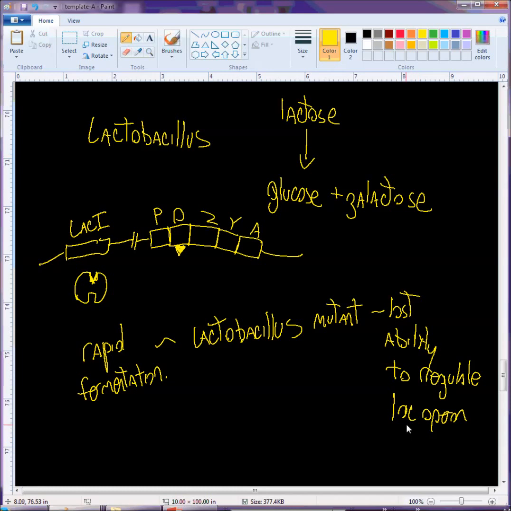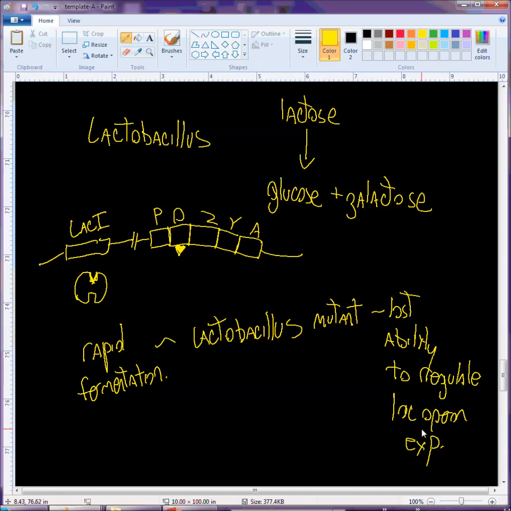That seems like that'd be a pretty valuable mutant strain there, especially if it led to rapid fermentation of yogurt. Okay, you can make a lot more yogurt in a smaller amount of time, or a lot more yogurt in the same amount of time, or the same amount of yogurt in a quicker time. But you get the point.